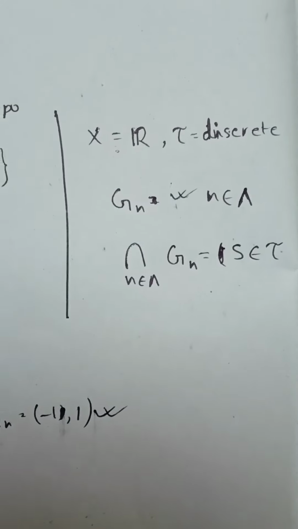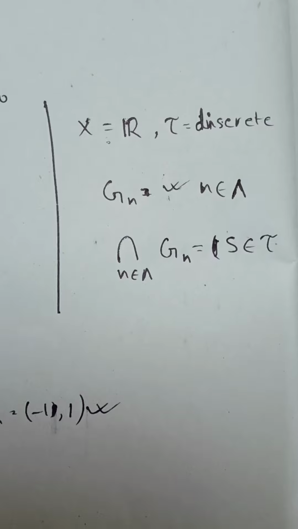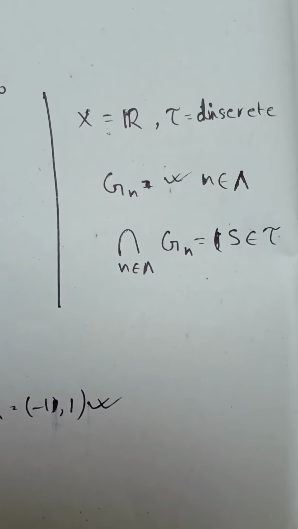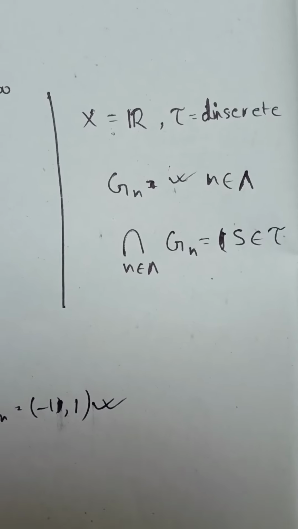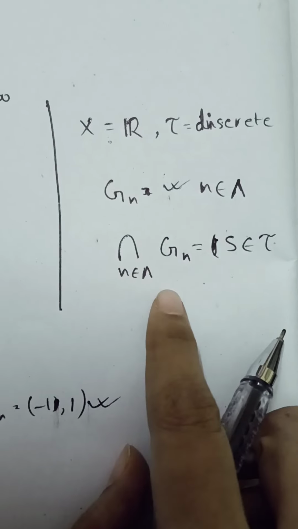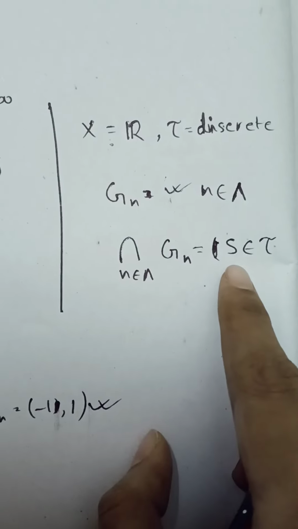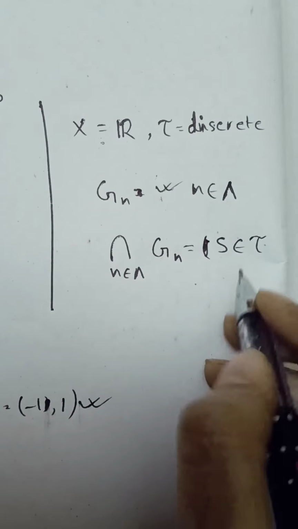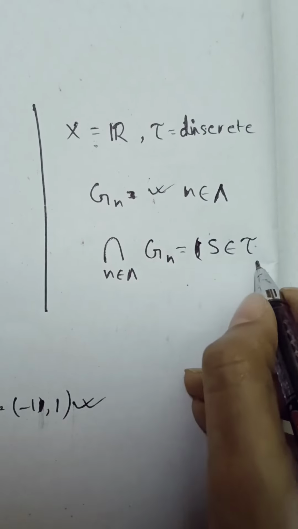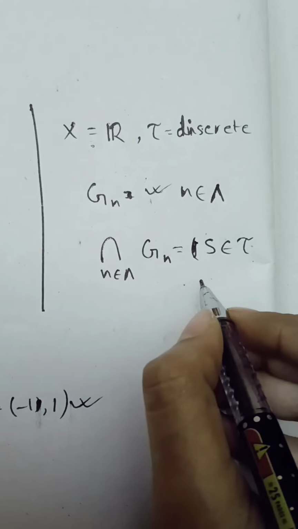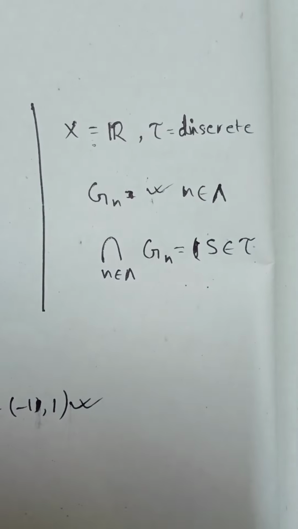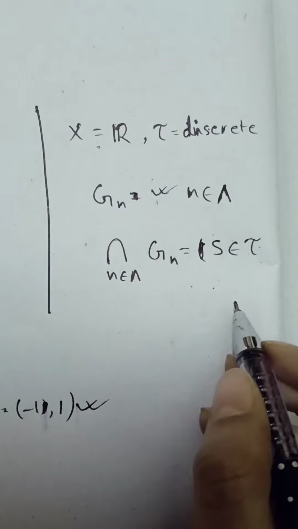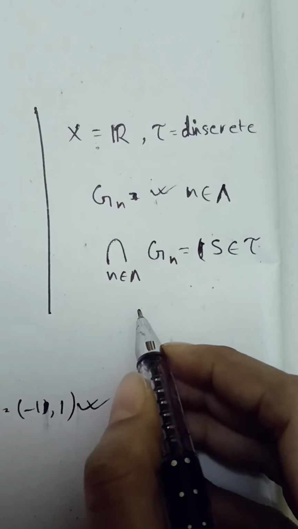Since tau is the discrete topology, tau contains all the subsets of X, and the intersection of all these elements is again a subset of X, so it is contained in tau. And since it is contained in tau, this means S is an open set. So the intersection of any open sets is open in this case.